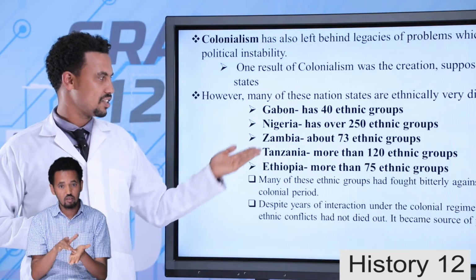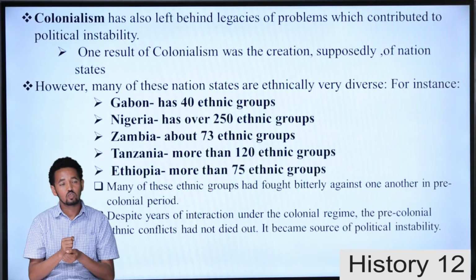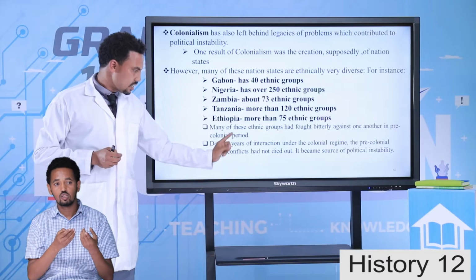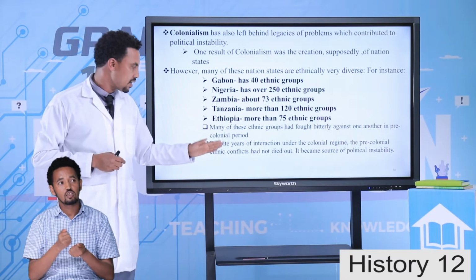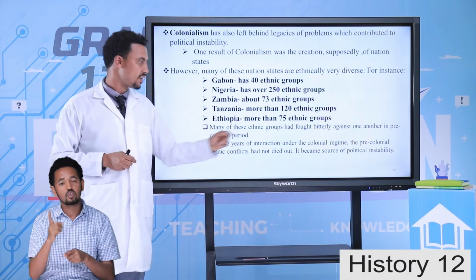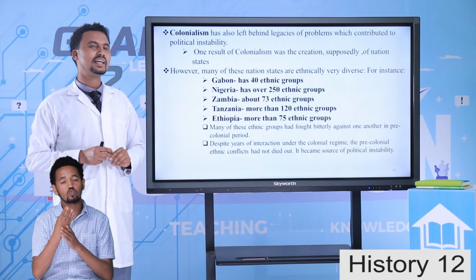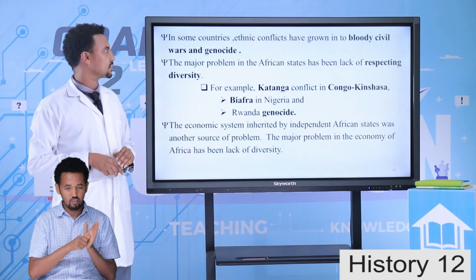For example, the Nigerian crisis and so on, the Congo crisis. Despite years of interaction under the colonial regime, the pre-colonial ethnic conflicts had not died out. They became a source of political instability among the African countries.